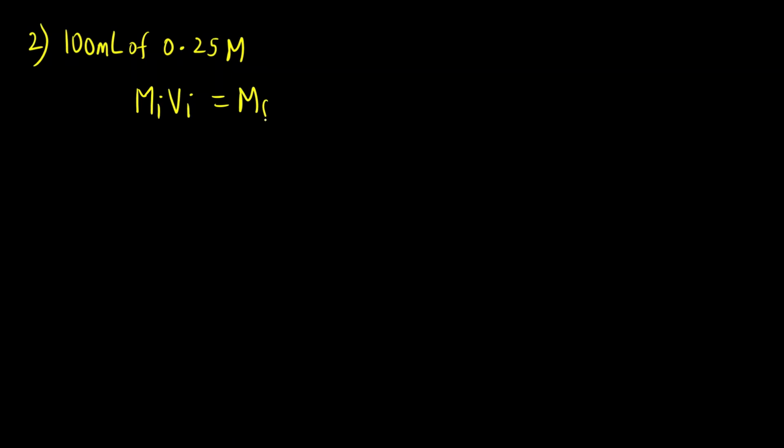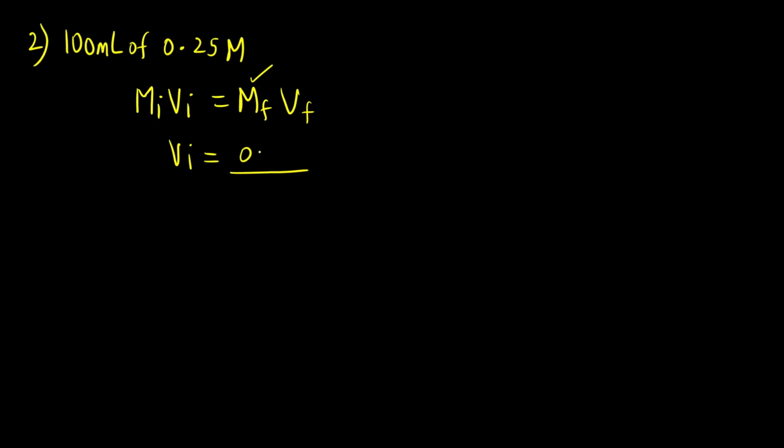Now let us see the other solution. Second, we have to prepare 100 ml of 0.25 molar solution. Again we use the same formula, MiVi is equal to MfVf. We have to calculate how much volume of 0.5 molar solution is required.